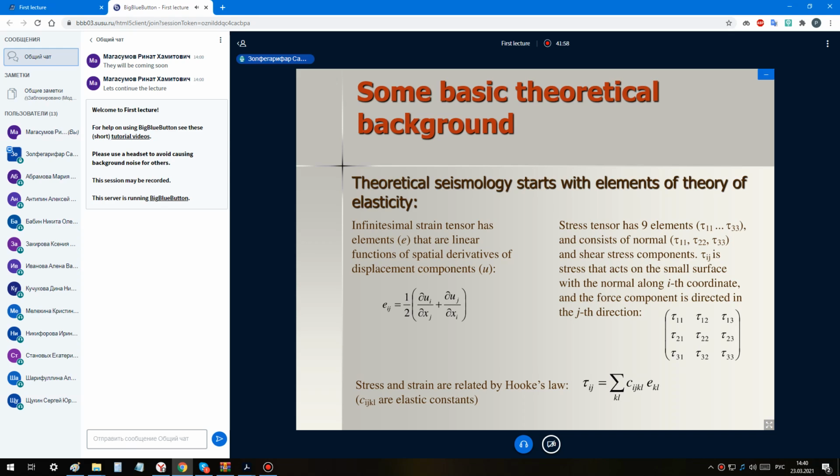The stress tensor has 9 elements, tau 1 1, tau 1 2, etc., to tau 3 3, as shown in this slide.